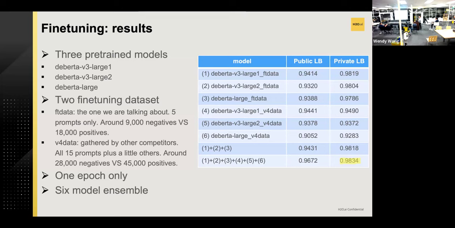For the second question, for 7 billion models, I think on my machine it took around an hour to finish the fine-tuning for one 7 billion model, and maybe 2 or 3 hours for the 13 billion.